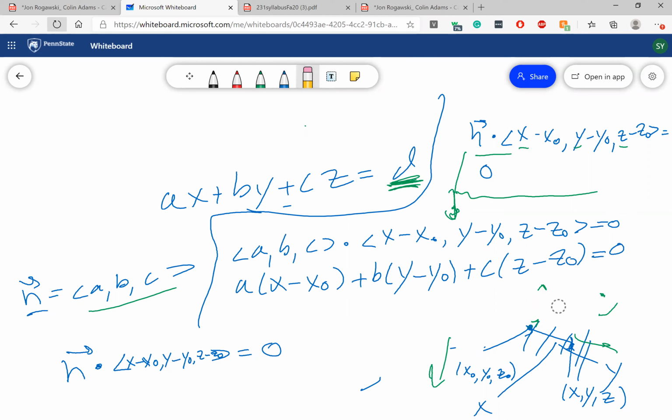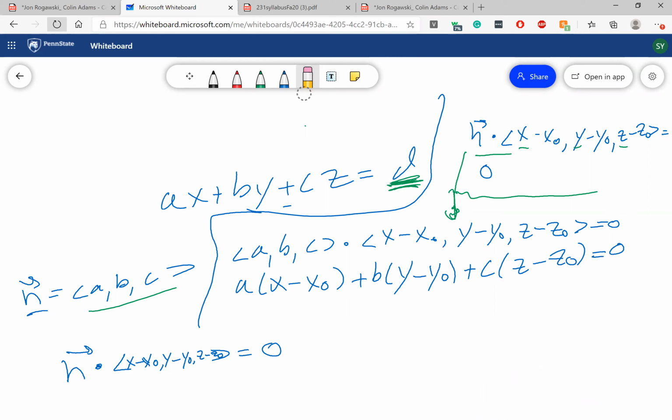And this tells me that ax minus ax0 plus by minus by0 plus cz minus cz0 is equal to 0.